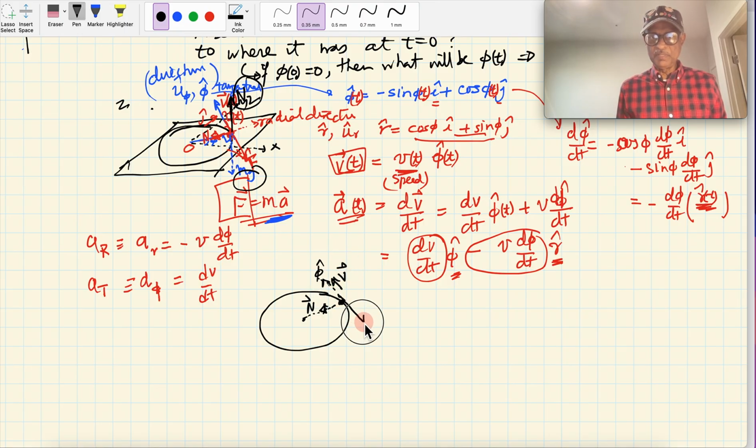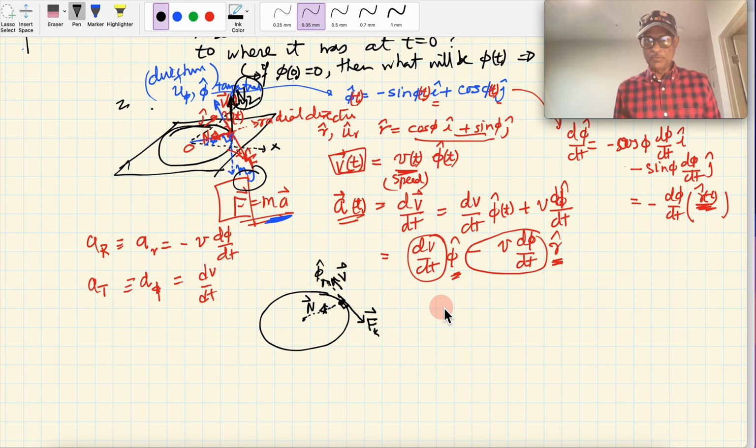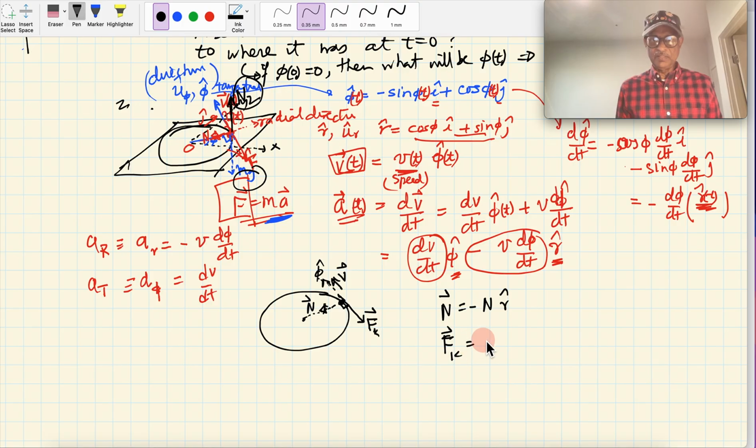Opposite to the phi hat is where the velocity is pointed. So opposite the velocity will be the frictional direction, and because this is kinetic friction, they're 90 degrees to each other here. So the normal is minus n r hat, and the kinetic friction is minus mu times n phi hat.